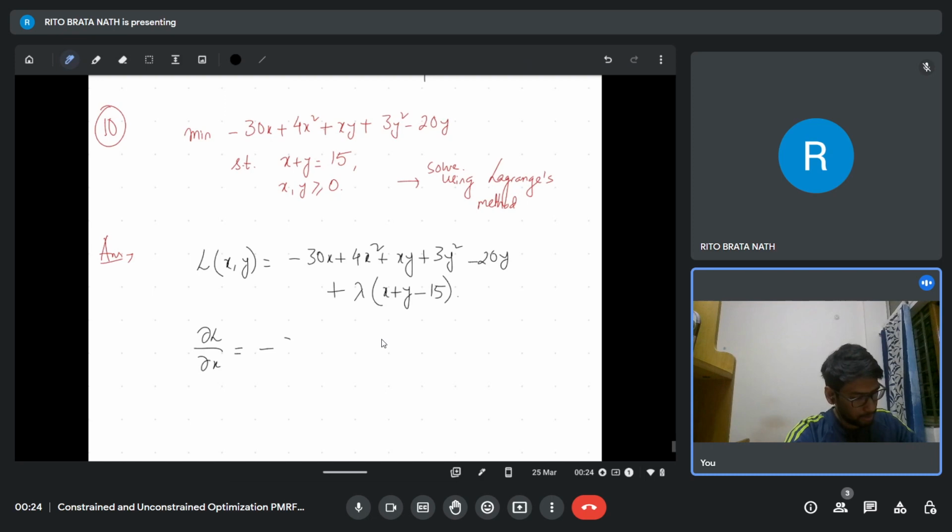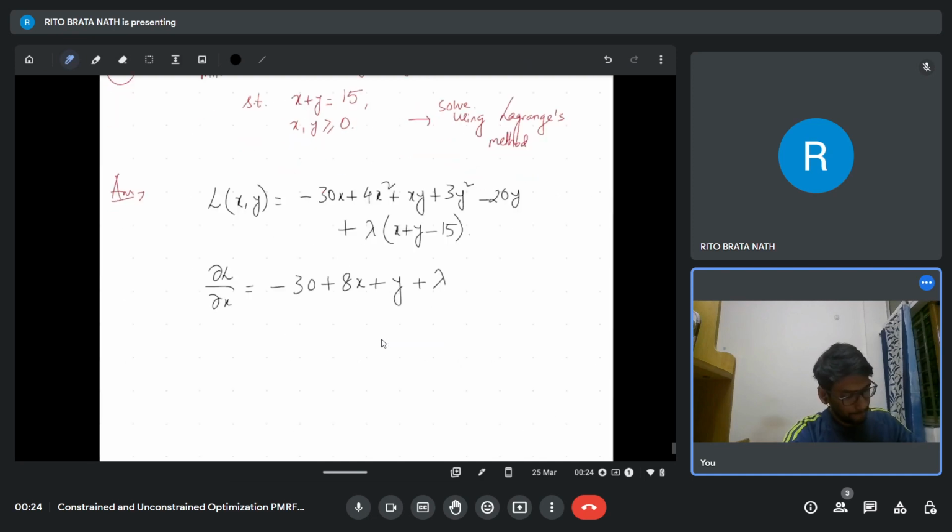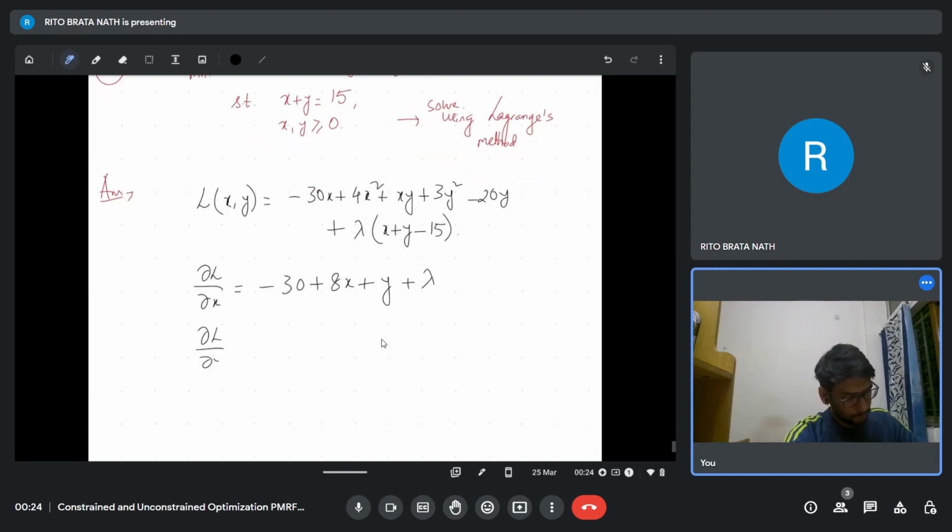So that's minus 30 plus 8x plus y plus lambda. And del L by del y is nothing but x plus 6y minus 20 plus lambda.